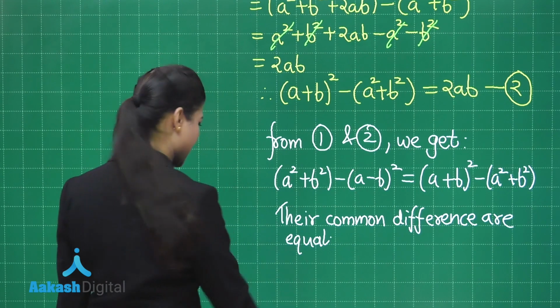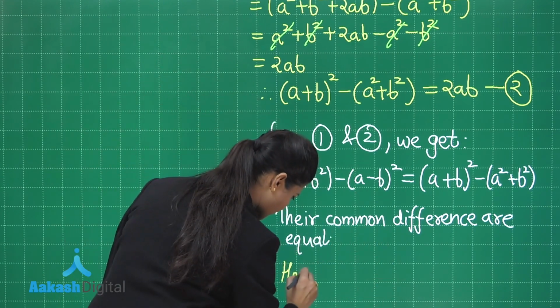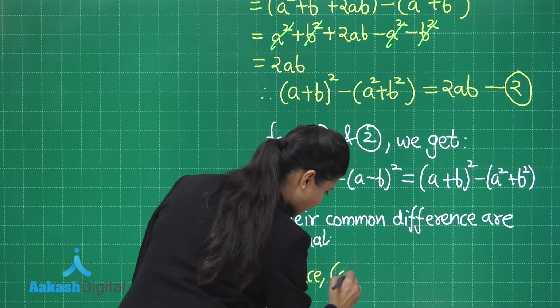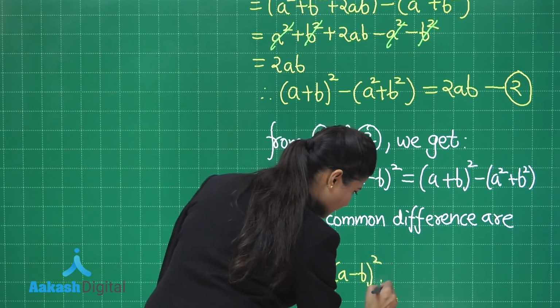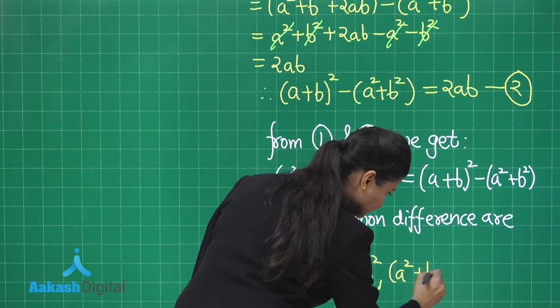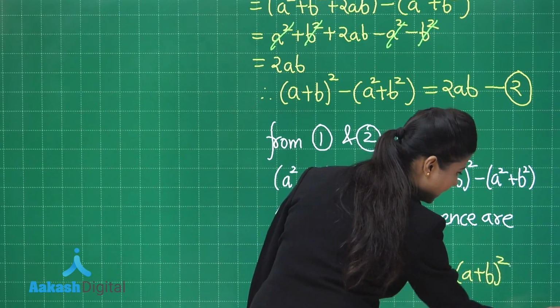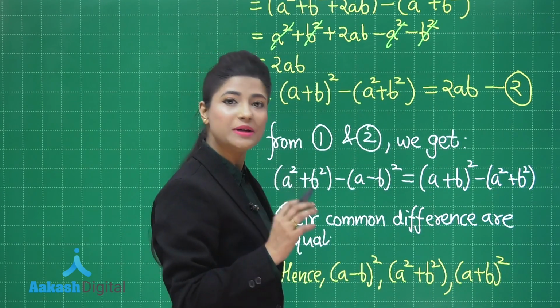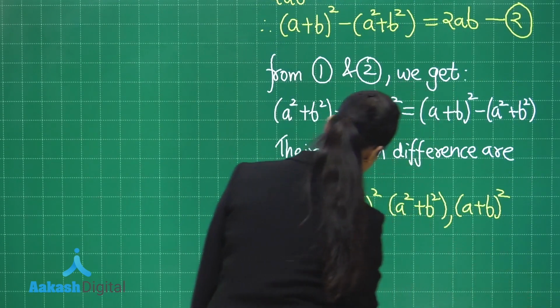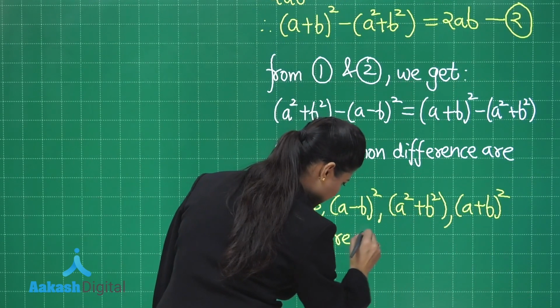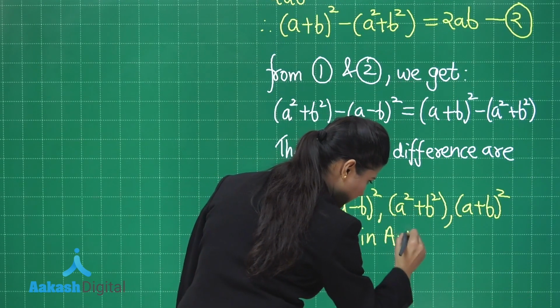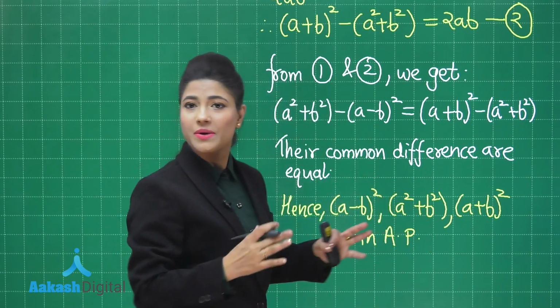I could write here that, hence, the 3 given terms a minus b whole square, a square plus b square and a plus b whole square are definitely in arithmetic progression. They are in arithmetic progression. I hope this question is clear to you.